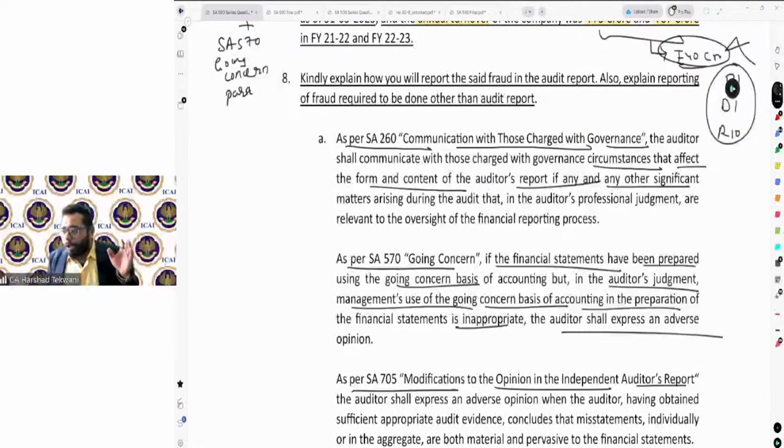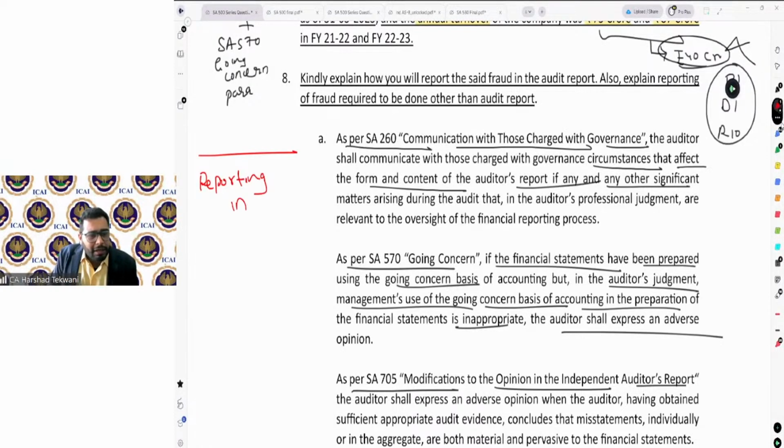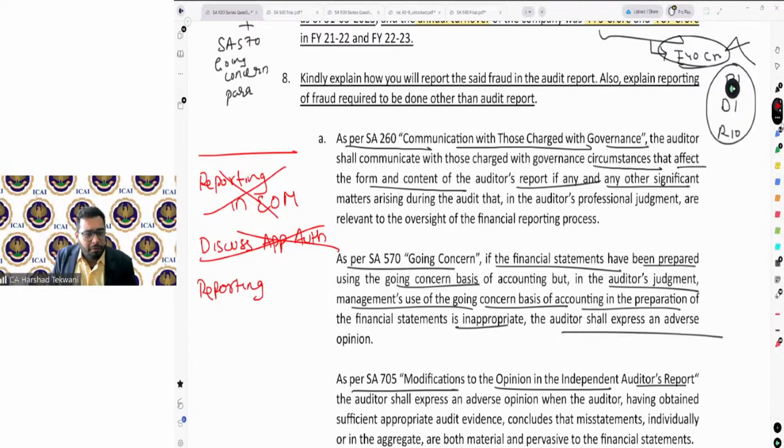If I just write reporting to appropriate authority, or discussion with the appropriate authority, those are incorrect. Reporting in EOM is incorrect. Discussing with appropriate authority, incorrect. Reporting as per SA 710, incorrect.